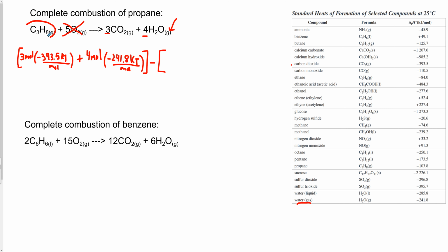So propane has an energy of minus 103.8 kilojoules per mole. How many moles of propane do we have here? Just 1. So I'm going to say 1 mole, and then I have to put in minus 103.8 kJ per mole.